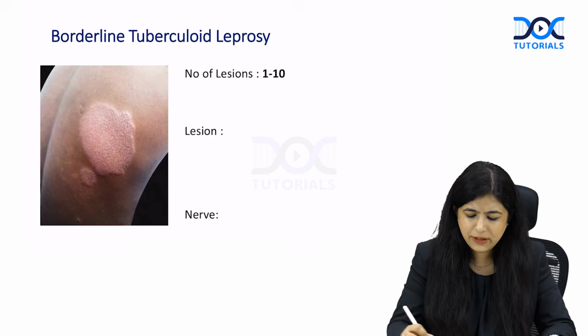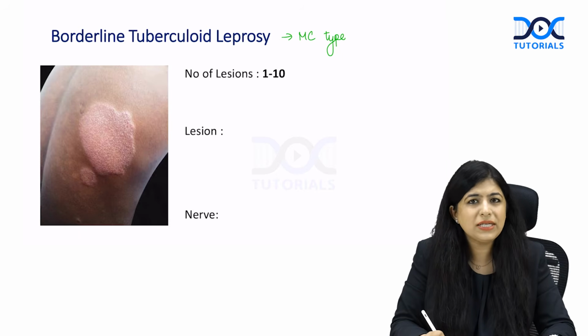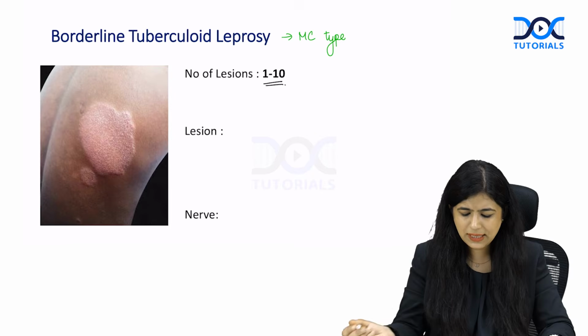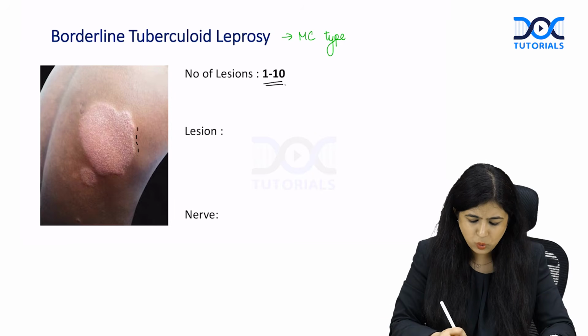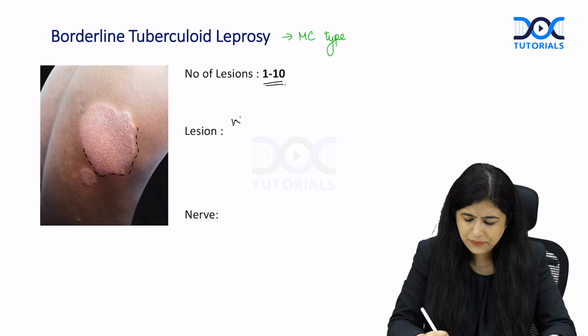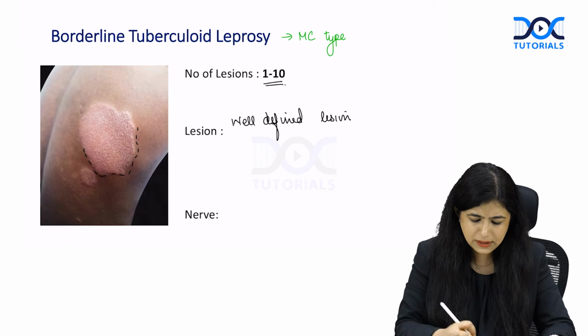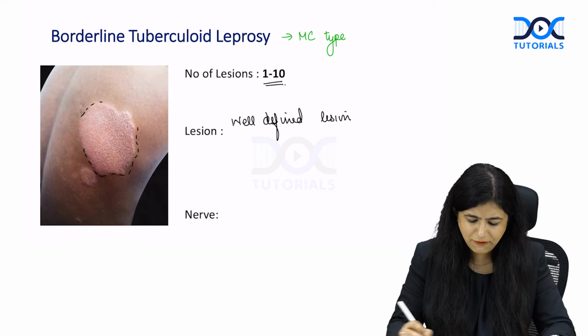Now, coming to borderline tuberculoid leprosy, this is the most common type of leprosy that is seen in India. Here, the immunity is a little less, so the number of lesions increases. You see a well-defined lesion. In certain areas, it may not be so well defined.